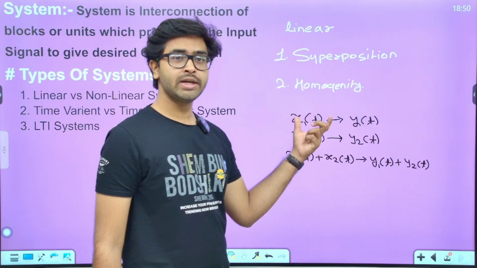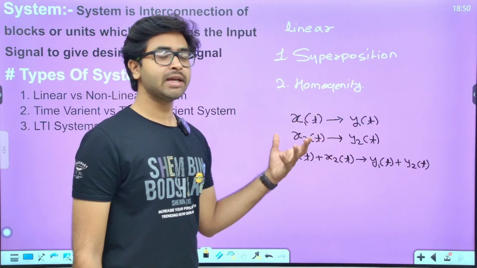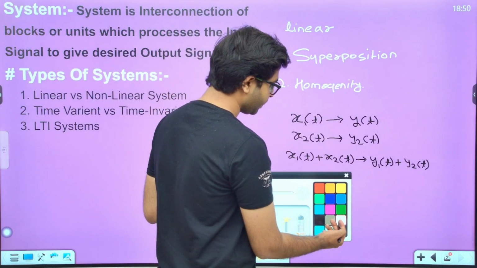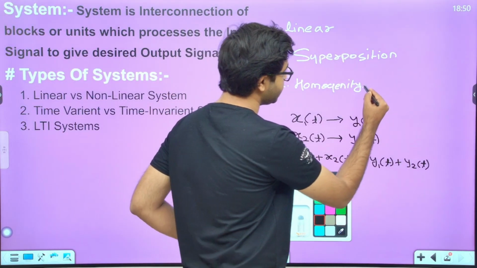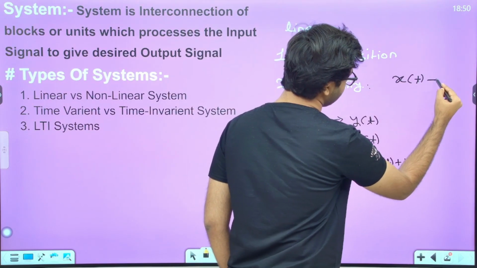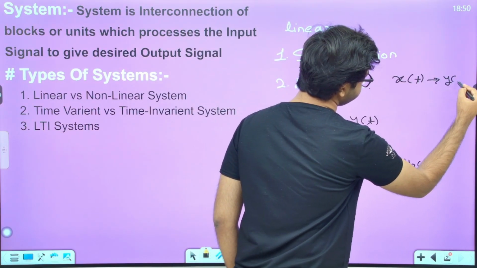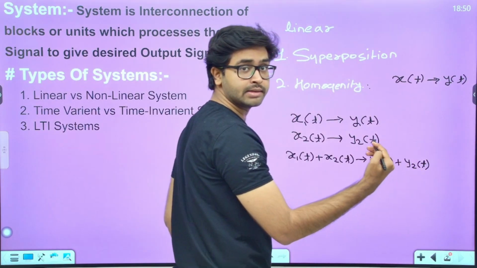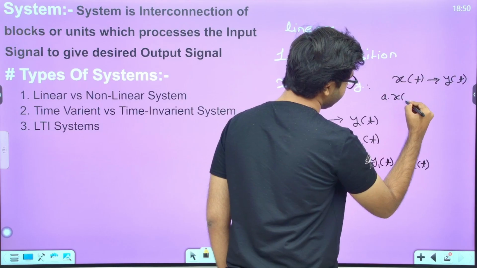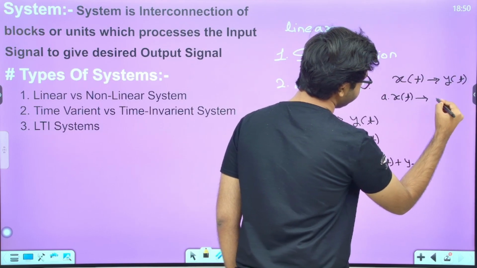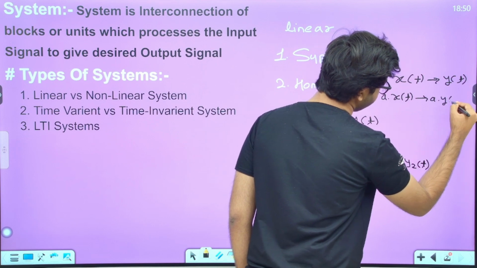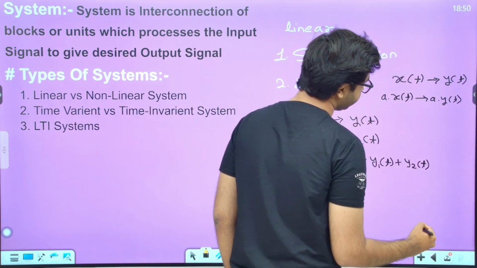And what about homogeneity? Homogeneity is the multiplication property. It is followed in most of the cases. Like if I am having x of t as input and y of t as output, if I multiply the input with a, then it must be followed that a times y of t is the output.